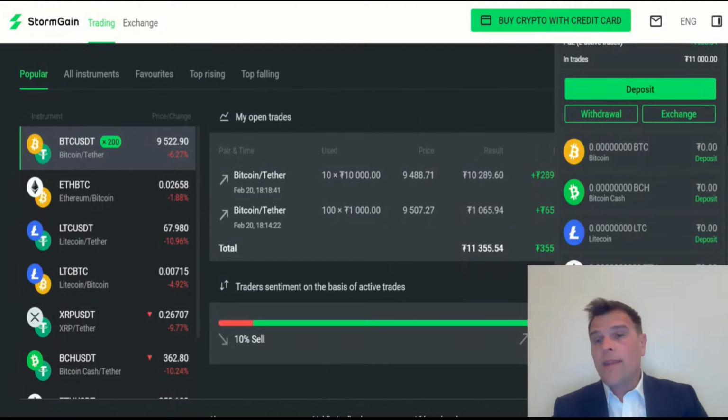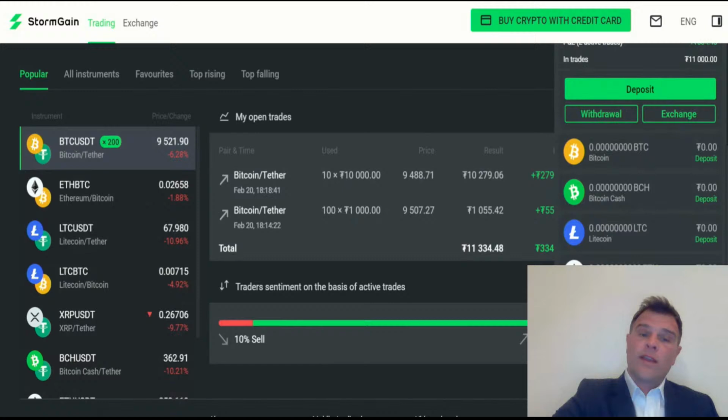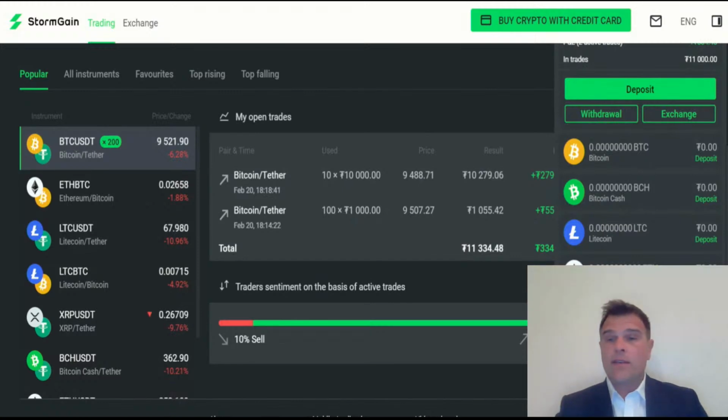And once it's in the system, we can either trade these straight up, or we can transfer them to Tether, and we can then buy and sell whatever cryptocurrency we want.